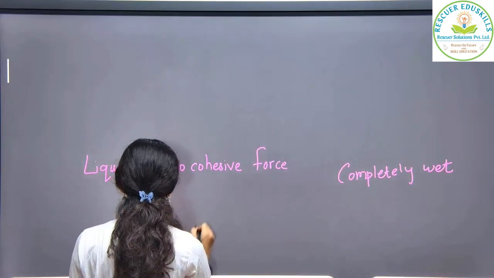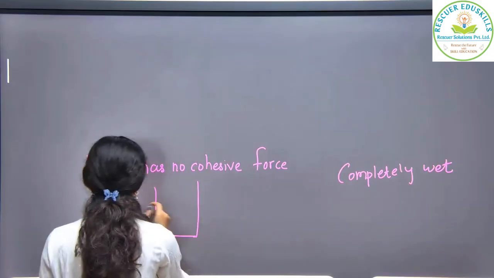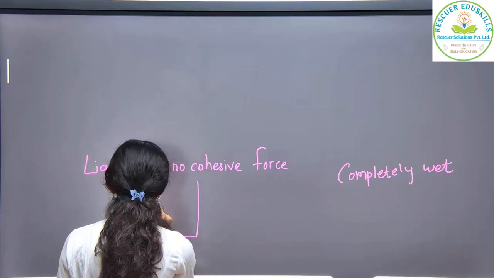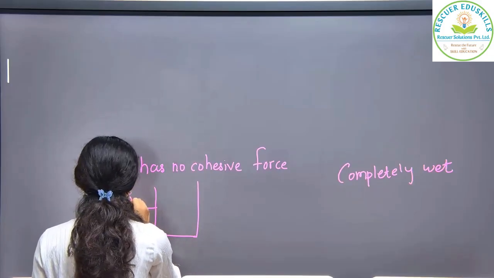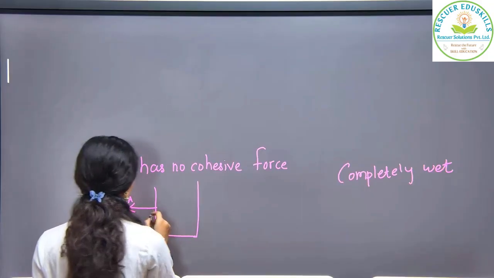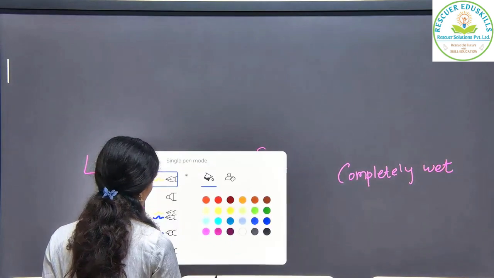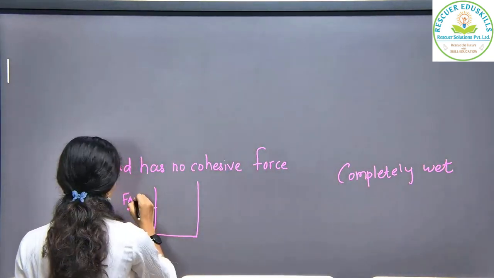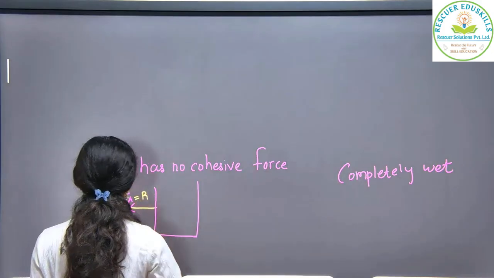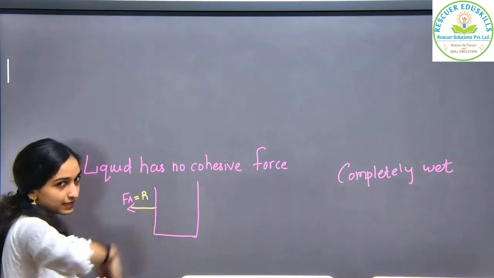In this, as I told, there is no cohesive force. As usual the adhesive force will be outward, and as there is only adhesive force, the resultant will also be in this direction. So FA is equal to R. Now we have to draw the 90-degree tangent.